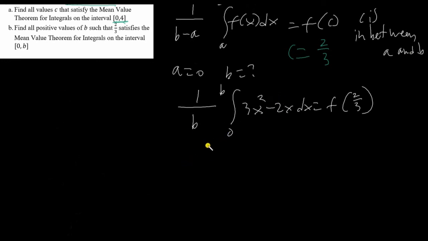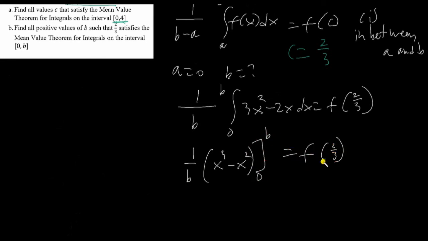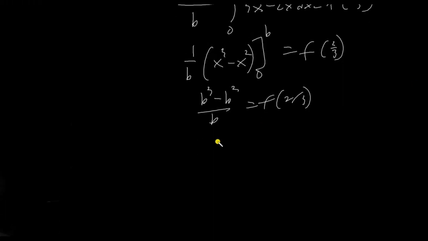And then I can integrate this the same way I normally do. 1 over b times x cubed minus x squared, evaluated from 0 to b, being equal to f of 2/3. Putting in b, I'm going to get b cubed minus b squared over b. And b squared minus b equals f of 2/3.